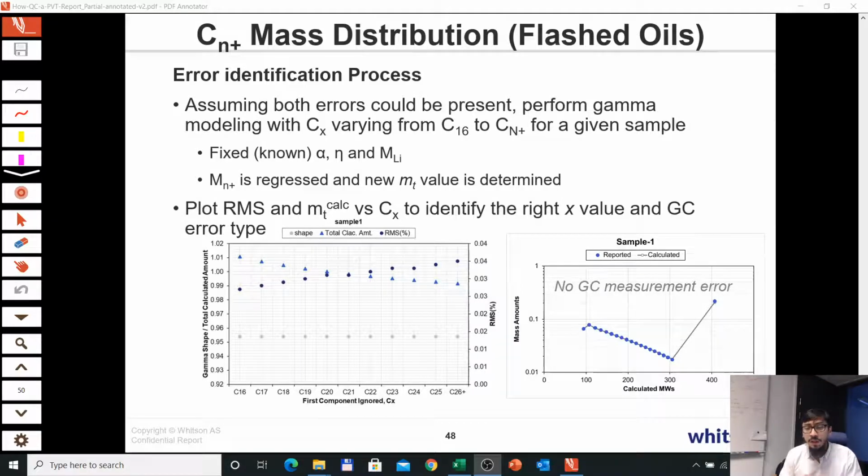There might be a very small error in the gas chromatography due to internal standard mishandling, because these measurements are prone to error; we humans are not perfect.